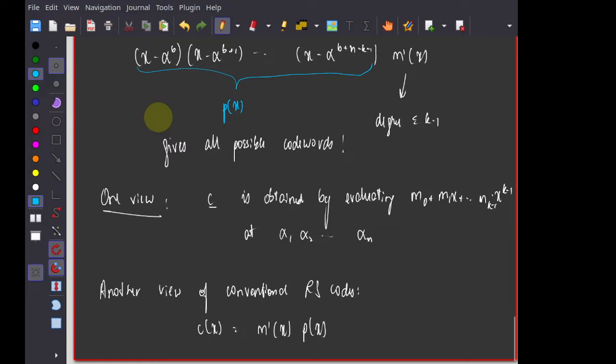So it's a subfield subcode of the Reed-Solomon. I'm picking a subcode where all the elements come from a subfield of the original Reed-Solomon. It turns out that the binary subfield subcode of the generalized Reed-Solomon code has a special name. It's called the BCH code, because it was developed separately, even before Reed-Solomon codes, independently. But BCH codes are special cases of Reed-Solomon codes, which are special cases of generalized Reed-Solomon.